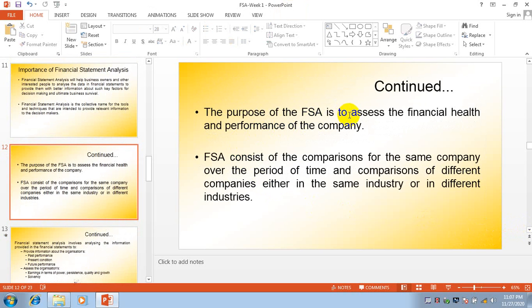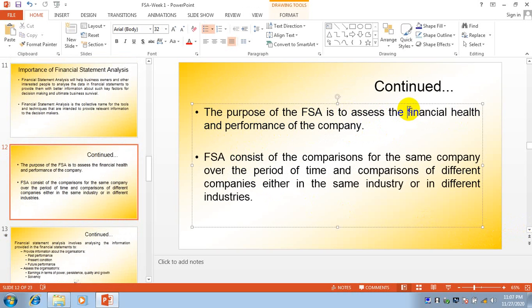The purpose of FSA is to assess the financial health and performance of the company. So one main purpose of financial statement analysis is to check the financial health and the financial performance of the company.